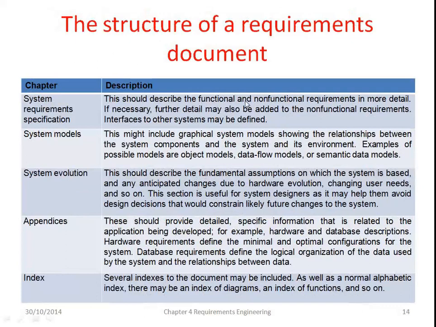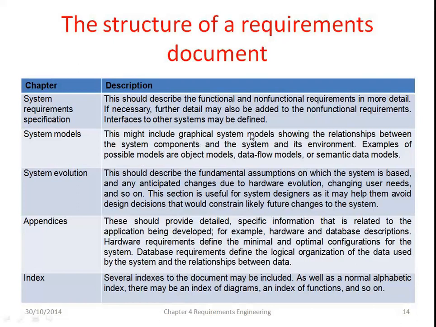The system architecture and system requirements specification should describe both types of requirements, functional and non-functional, in more detail. If necessary, further detail may be added to the non-functional requirements. Interfaces to other systems may be defined. System models: what models are used?